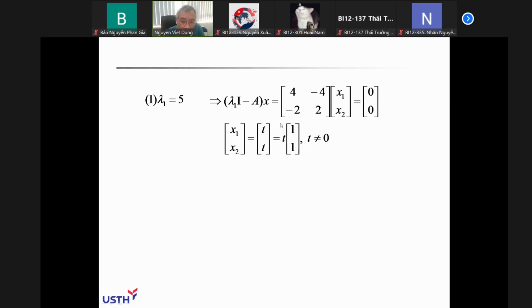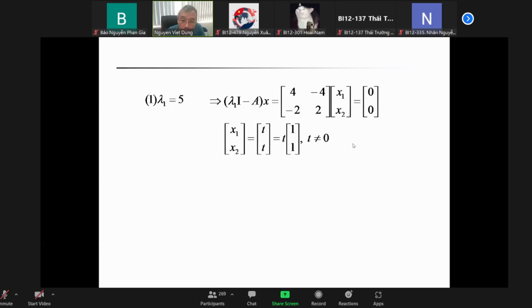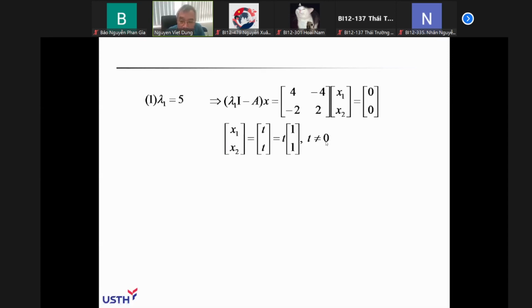That is the solution of that system, and we want to find the eigenvector of A. The eigenvector must be non-zero, so we require t is non-zero. So anything here with t non-zero will be an eigenvector of A corresponding to 5.